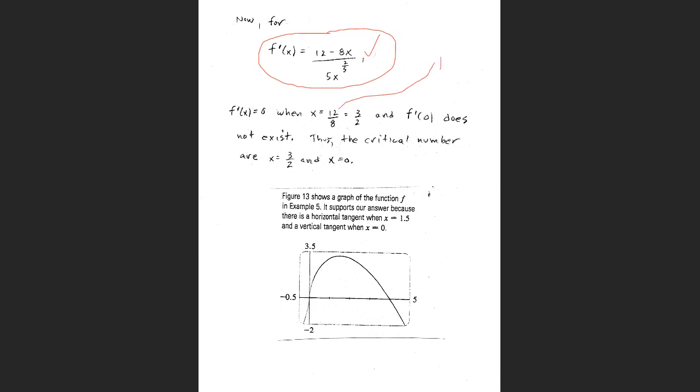Because if the numerator equals 0, the derivative will equal 0. So if you set 12 minus 8x equals 0, 12 will equal 8x, and so x will equal 12 over 8, or 3/2.